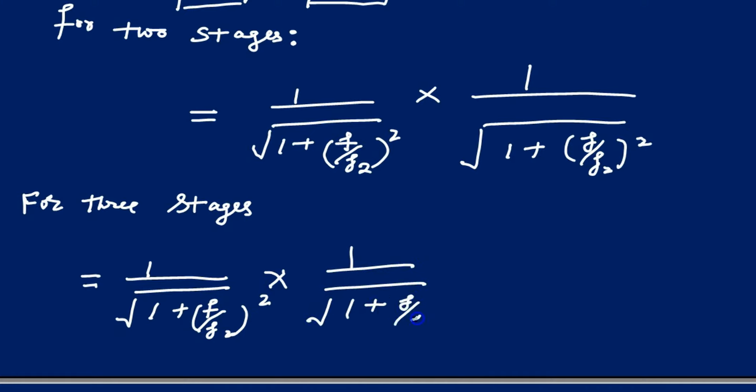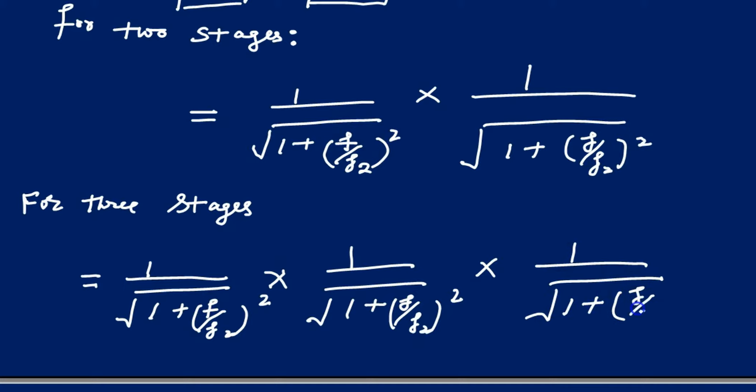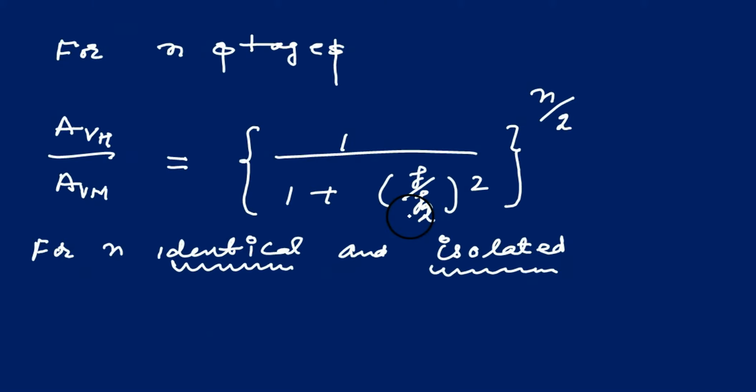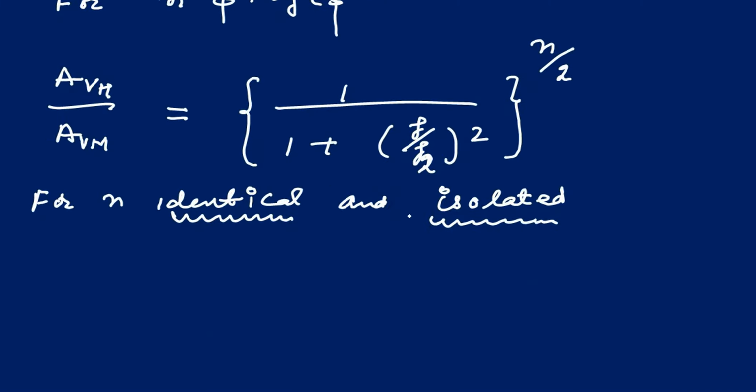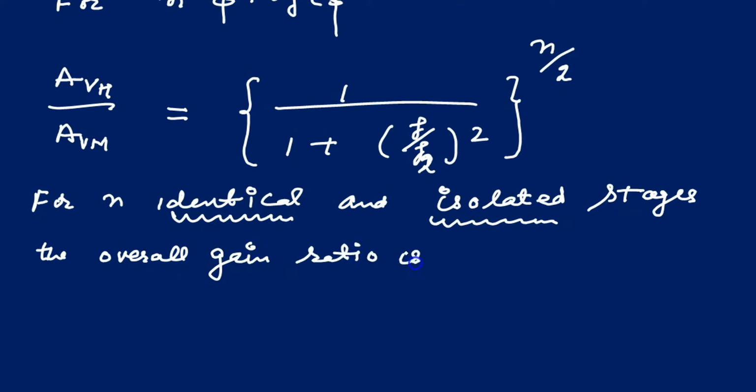Now it is our assumption that F2 of any stage is the same. F2 is the same as that of the first stage, and the second and third all have the same F2. And if there are n stages, then the gain is like this.